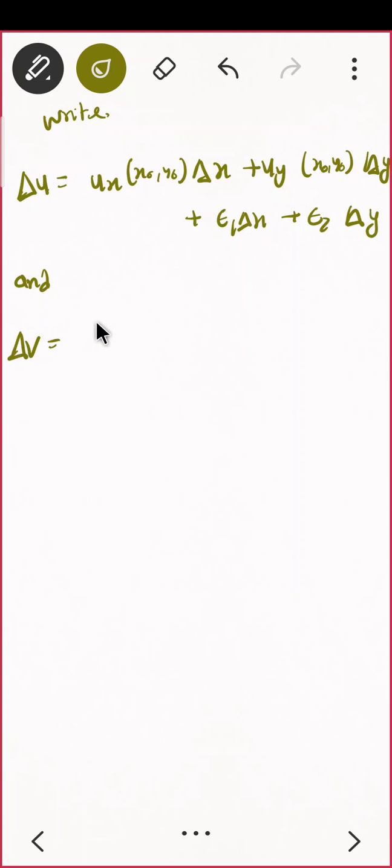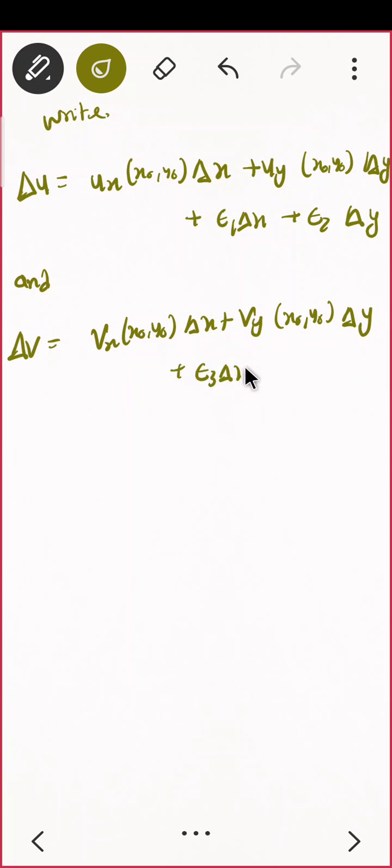Delta v is equal to vx at x naught y naught delta x plus vy at x naught y naught delta y plus epsilon 3 delta x plus epsilon 4 delta y.